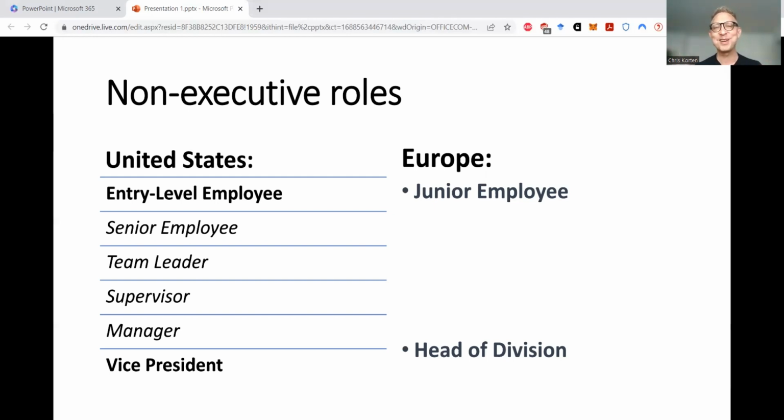But what's happened in America, the US, is that we've had a conflation of roles, of titles. Conflation means a growing out of proportion. So now everyone wants big titles. So now we have a lot of vice presidents. It's no longer that special. So you can have hundreds of vice presidents in big organizations now.